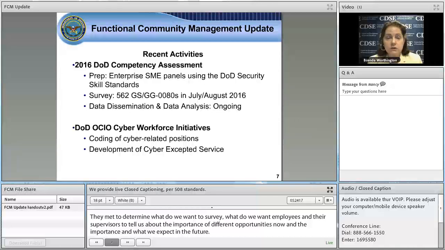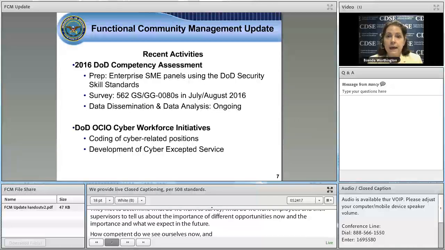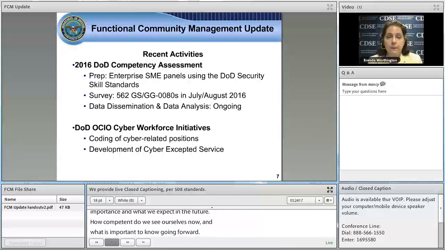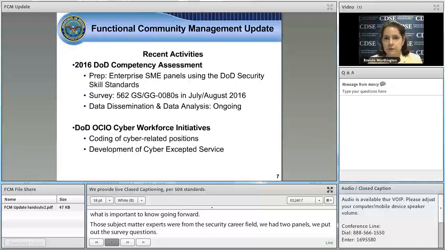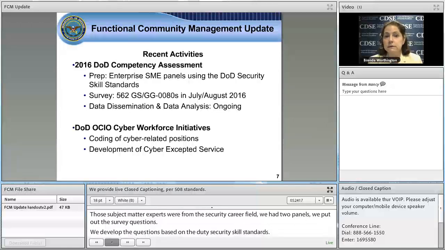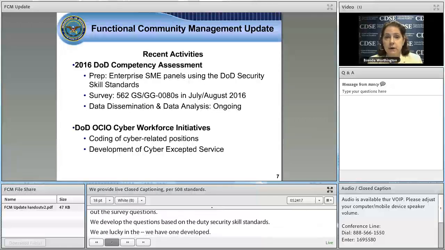Those subject matter experts were from the security career field, and we had 2 panels, and we developed the survey questions. What's important here is we developed those questions based on the DoD security skills standards. We're very lucky in the functional community of security that we have skills standards already developed. It's a living document. It is worked on at the enterprise level through the DoD Security Training Council, for which CDSE provides the executive secretariat functions.